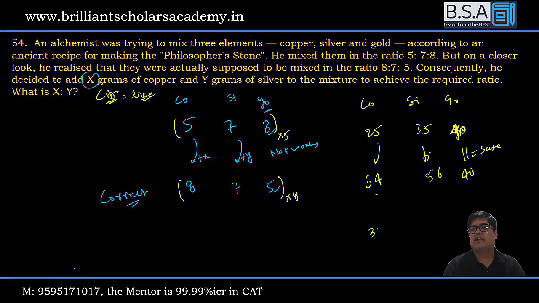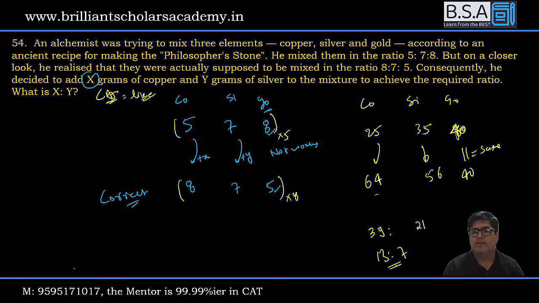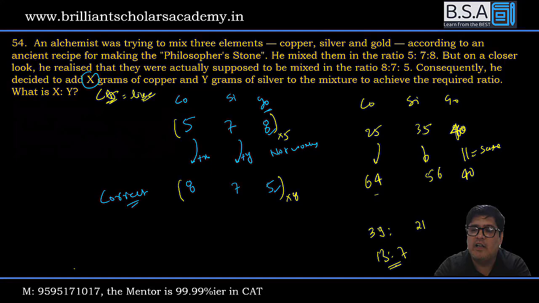The increase here is 21. 39 by 21. Can you cancel something? 3 cancels. 13 by 7. Check the plus and minus. Equate the component that does not change. Equate the portion that does not change. 13 by 7. Yes.